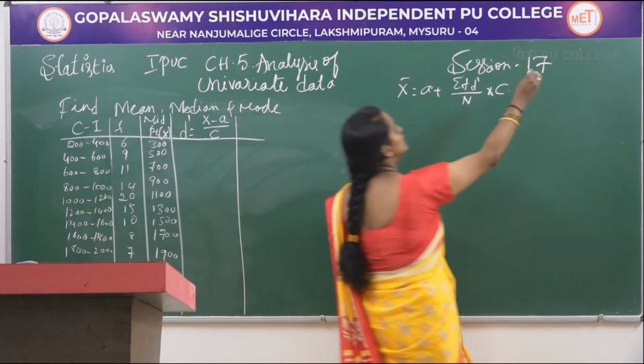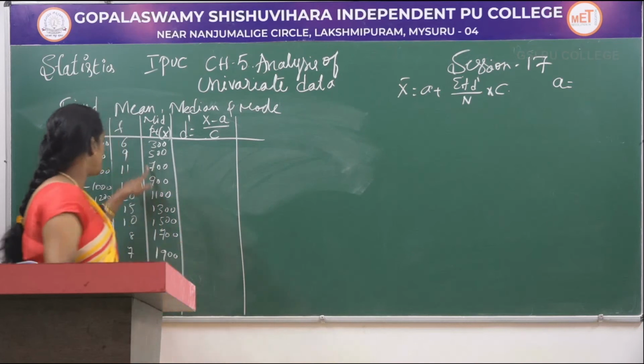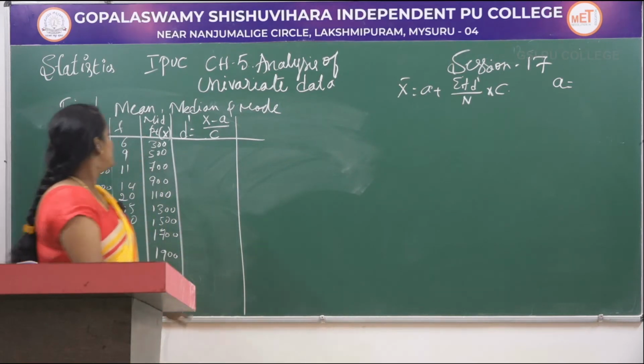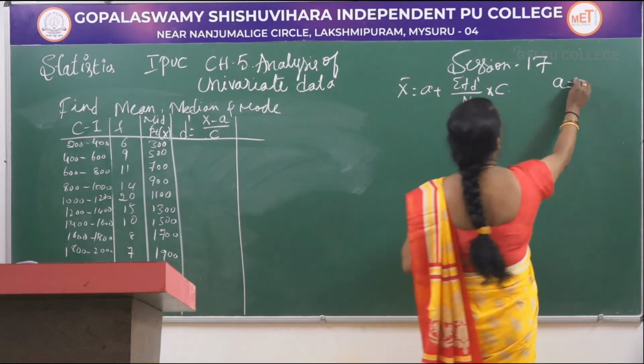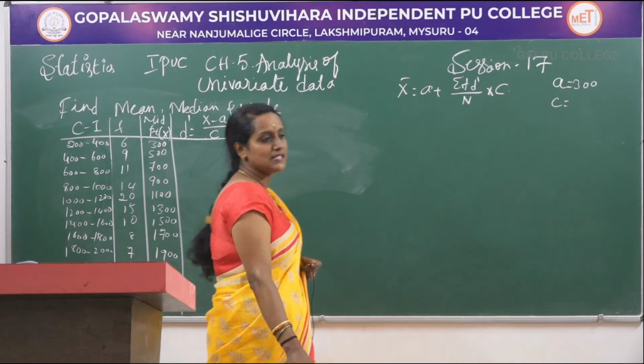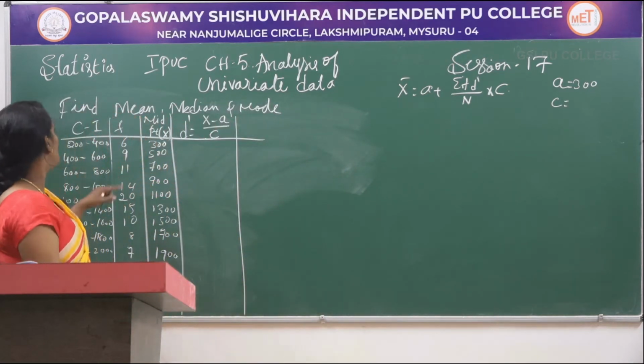Here a is equal to the least value in this midpoint x, that is 300, and c is the width of the class interval. A is assumed mean and c is the width of the class interval. So width of the class interval is 200.